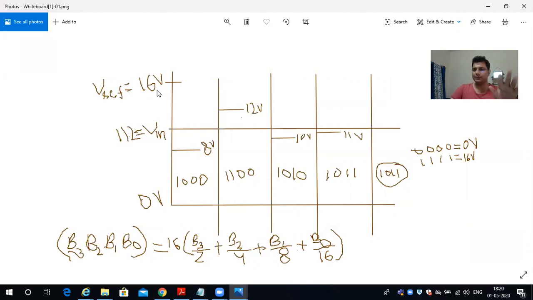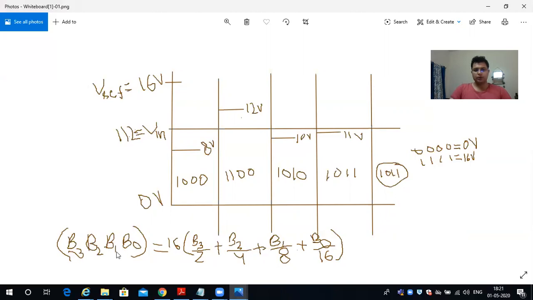So we will only consider the 16 volt because the negative is 0 voltage only. Now all zeros are equivalent to 0 voltage. All ones are equal to 16 voltage. How are we calculating this?